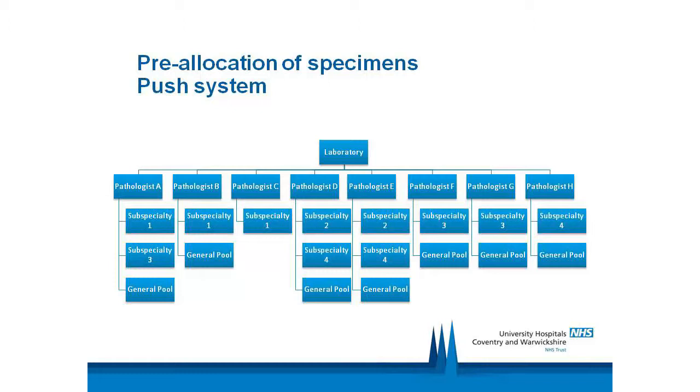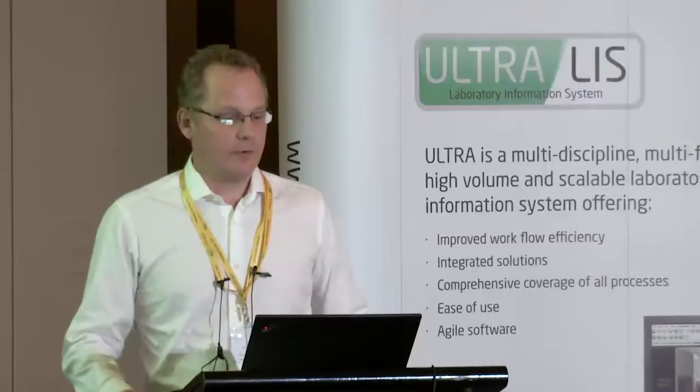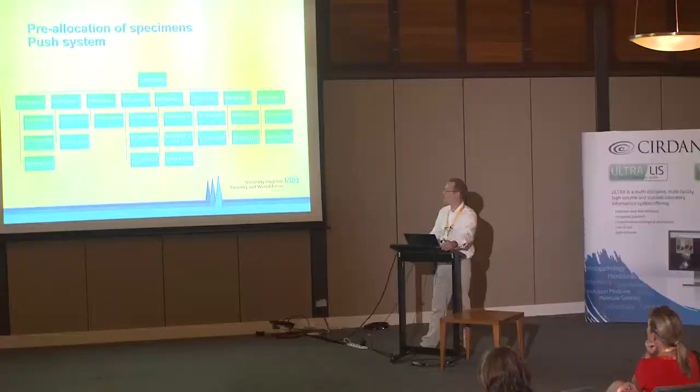And this is a diagram loosely based on our department at the time, staffed by 8 consultants, covering a number of subspecialist areas. The conventional and traditional way of dividing up the work is to pre-allocate it as it gets booked into the lab. So every case comes in, gets allocated to a consultant, and goes through the lab and ends up in their pool in a tray of slides to report at the end of it.